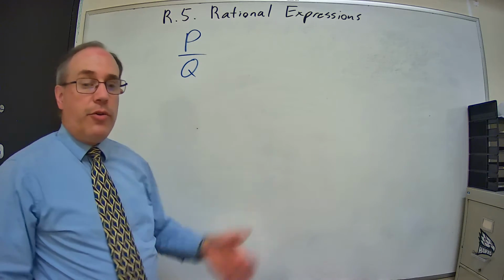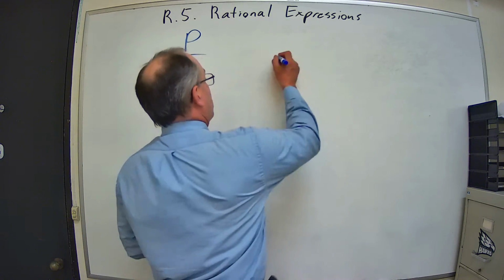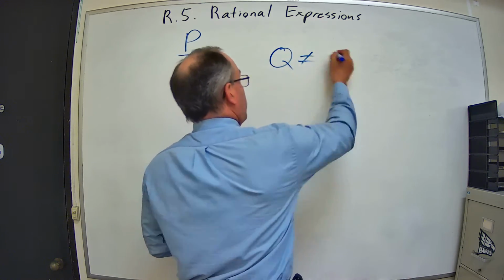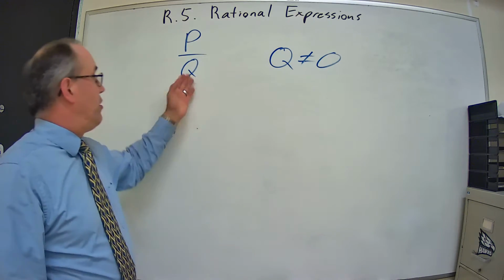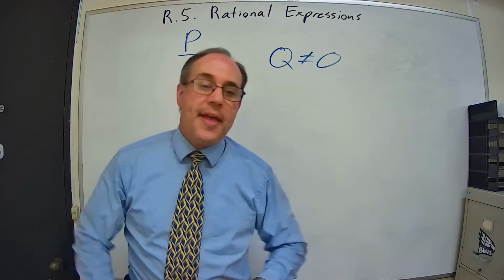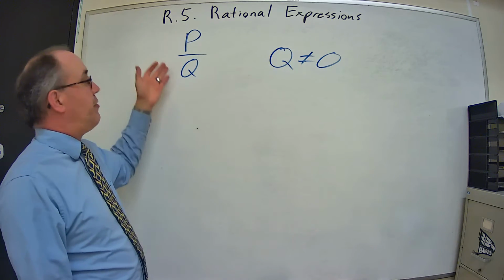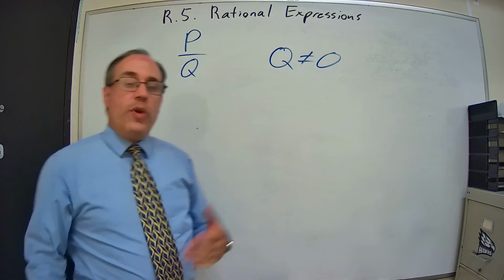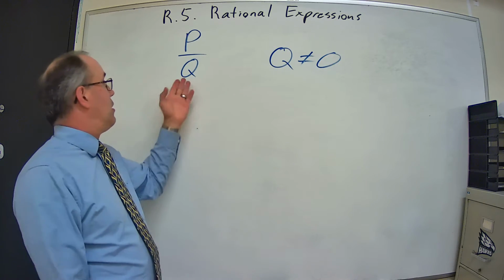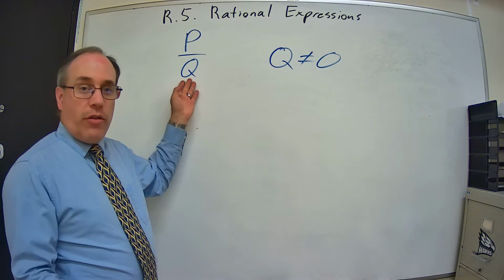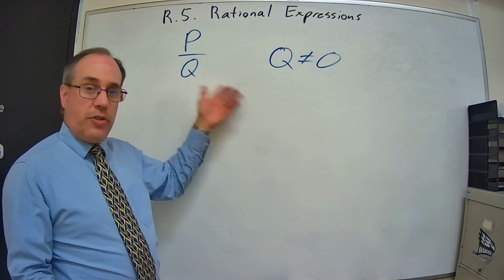So P divided by Q, and obviously Q cannot be equal to 0. Okay? So if we're looking at a rational expression, which is just a polynomial divided by another polynomial, we cannot allow that polynomial in the denominator to be equal to 0.